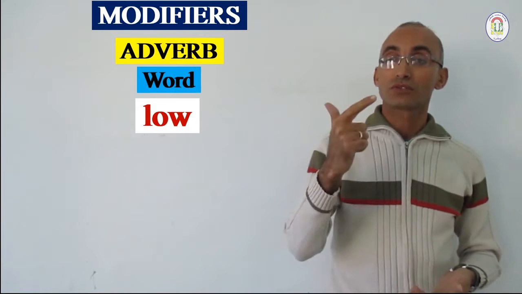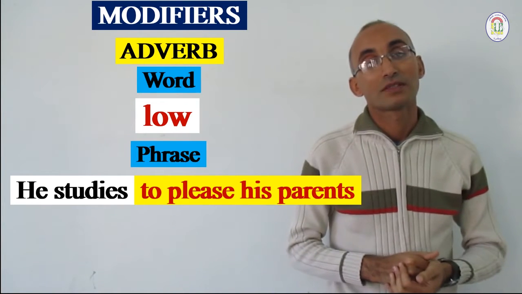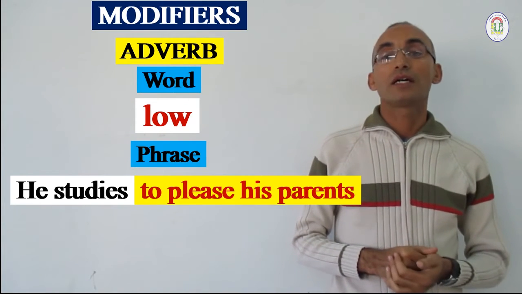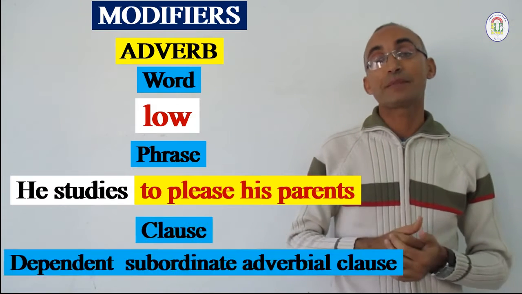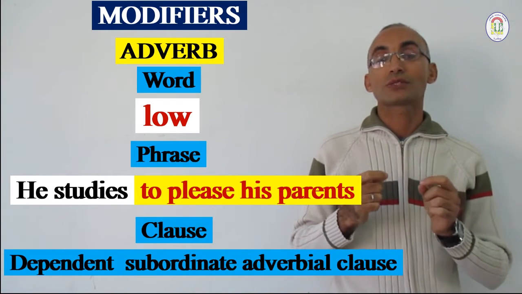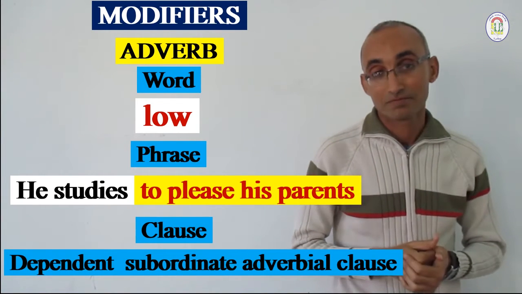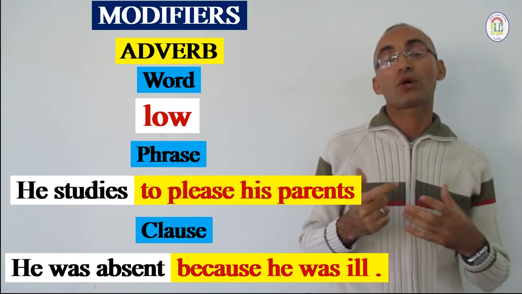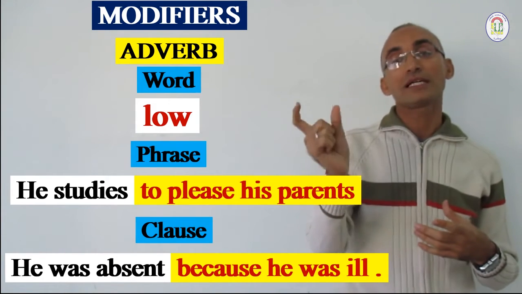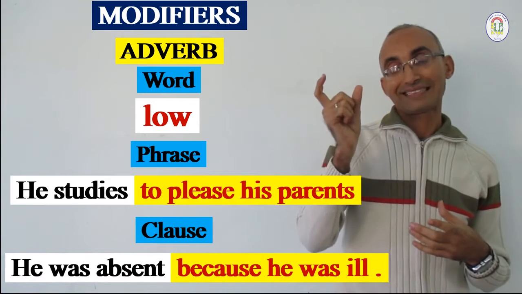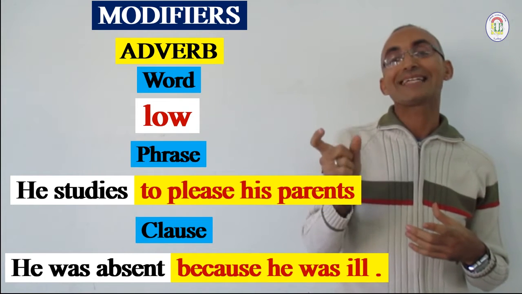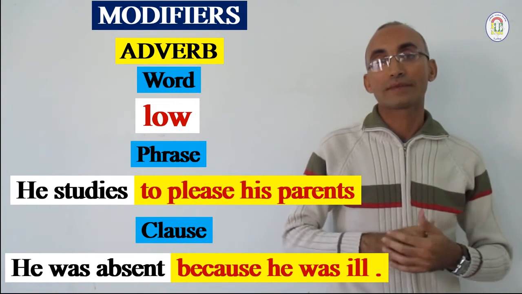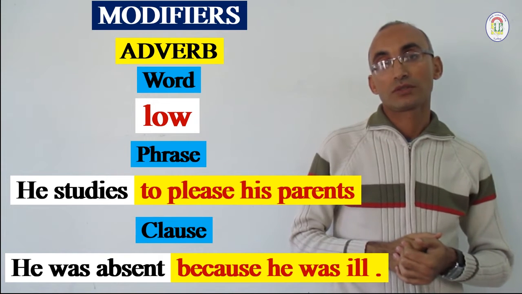Also it can be a clause, like for example, the case of dependent subordinate clauses. He was absent because he was ill. So because he was ill here, right, a subordinate clause acts as an adverbial clause. Clear?